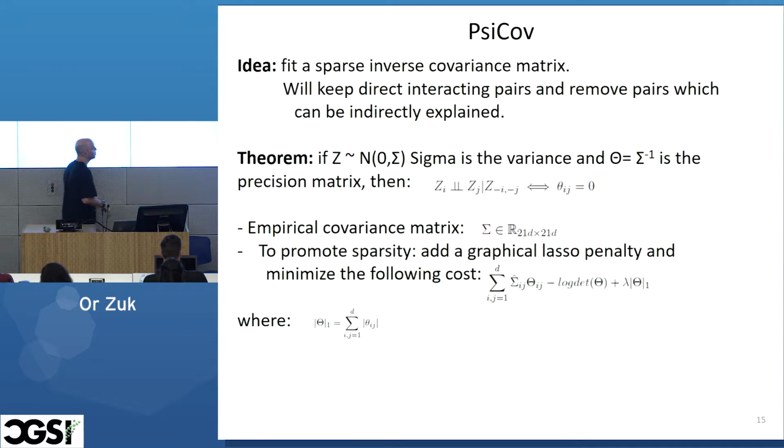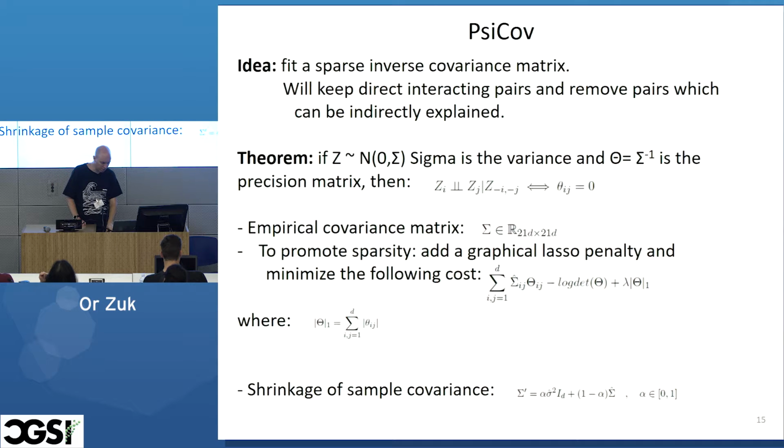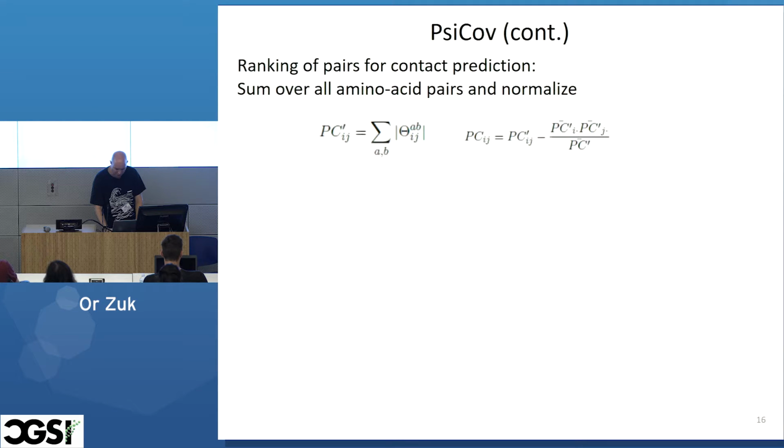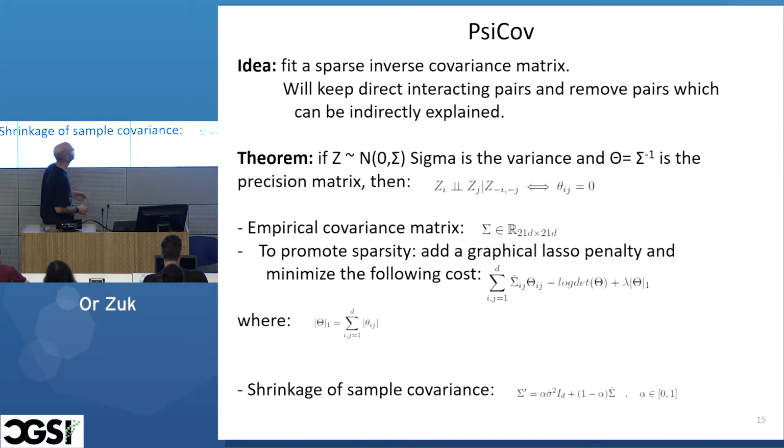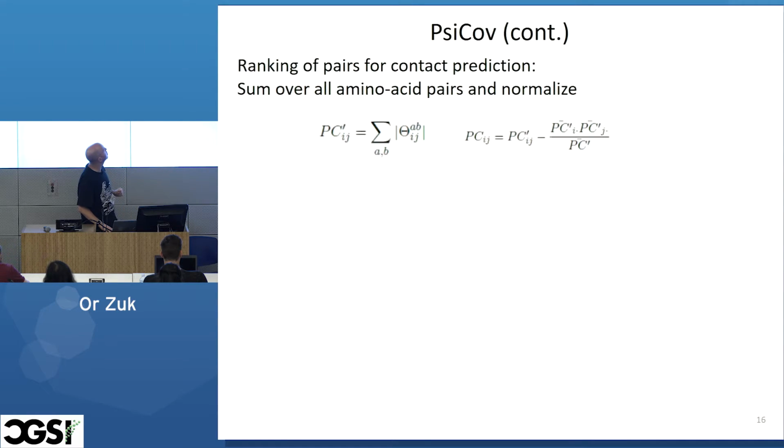So we have a lasso penalty for the entries of the precision matrix, the sum over all the entries of the precision matrix. And this gives us a penalized likelihood function that we optimize. There are some other technical details, like shrinkage of the sample covariance. I won't go into that. And that's basically what the PSICOV method is doing. It's taking the multiple sequence alignment data and fitting a sparse inverse covariance matrix.